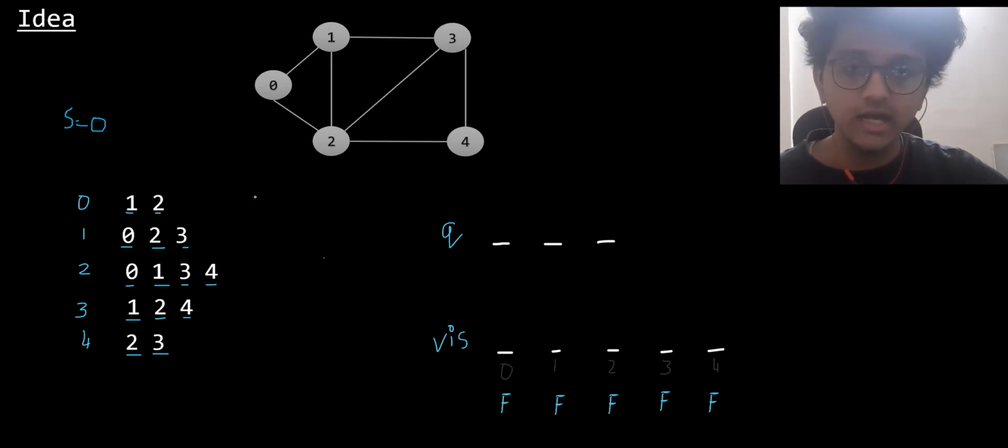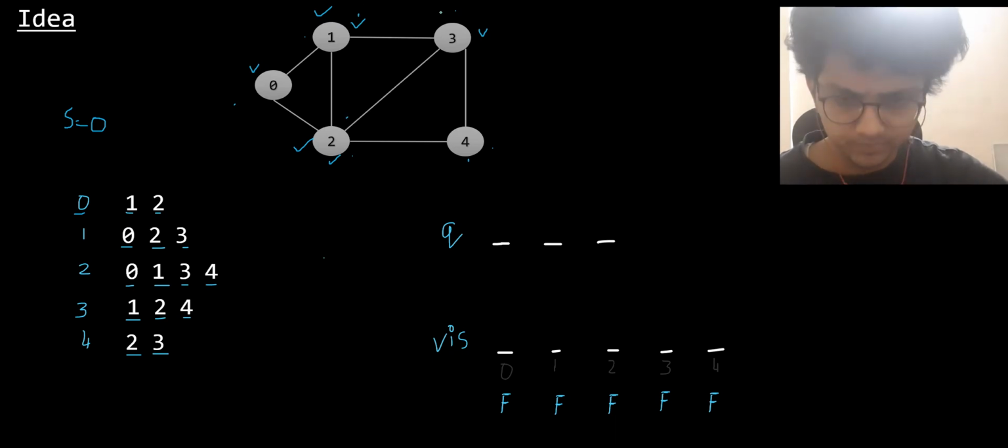For simplifying, I have added all the neighbors to the corresponding vertex. Vertex 0 has neighbors 1 and 2, vertex 1 has neighbors 0, 2 and 3, vertex 2 has neighbors 0, 1, 3 and 4, vertex 3 has neighbors 1, 2 and 4, and vertex 4 has neighbors 2 and 3.